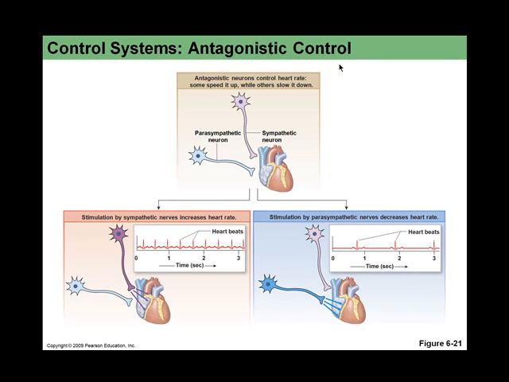Let's then think of the antagonistic control. Again, the autonomic nervous system is a prime example where you've got a different neurotransmitter in the sympathetic neuron, norepinephrine, versus the parasympathetic, acetylcholine. They each act through different receptors and receptor mechanisms to cause opposing effects on the target cells, the target tissue, and the target organ.